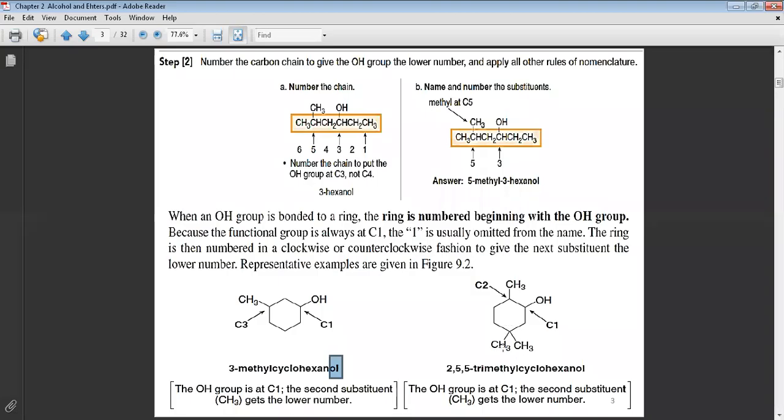Methyl, methyl, methyl, identical groups, so it is trimethylcyclohexanol. Don't write 1 in the name of cyclohexanol. We don't need to write number 1 here, because the hydroxyl will always take number 1. The OH group is always at carbon number 1.